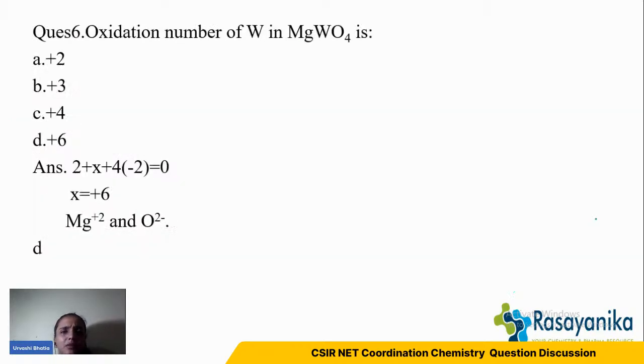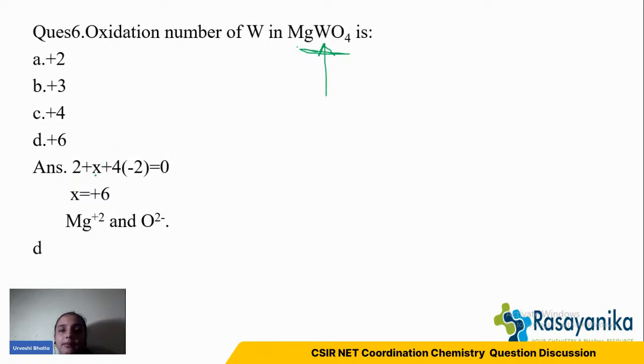Okay. Now this is a simple question. You can see, just for practice sake, that you need to find the oxidation state of tungsten. Okay. So this is plus 2, the magnesium, alkaline earth metal. They exist in plus 2 oxidation state. It is stable.